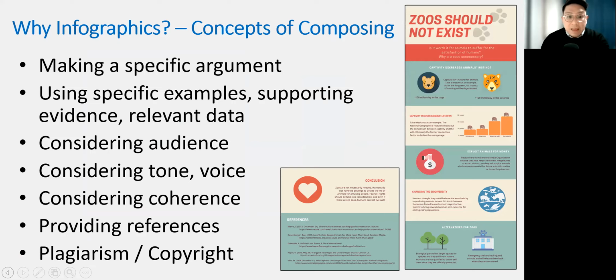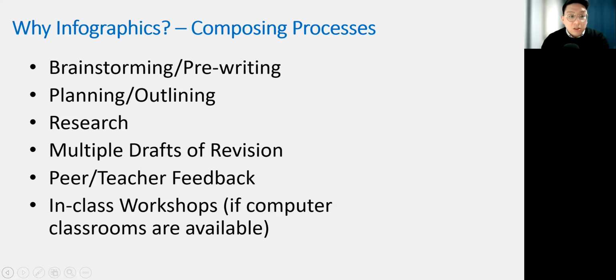For example, making a specific argument, using specific examples, evidence, considering audience, tone, voice, coherence, providing references, and problems with plagiarism. So we can cover all of these while doing an infographic, which would also apply to academic writing. Also, we can go through the same processes that we would typically use in academic writing with an infographic: brainstorming, pre-writing, planning, outlining, research, multiple drafts, peer or teacher feedback, and even in-class workshops.